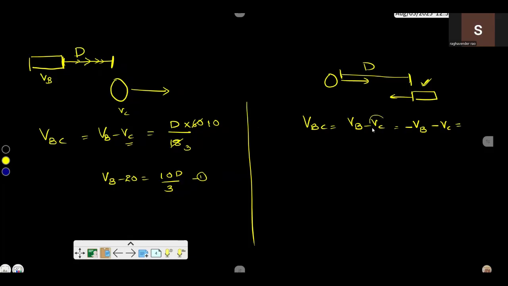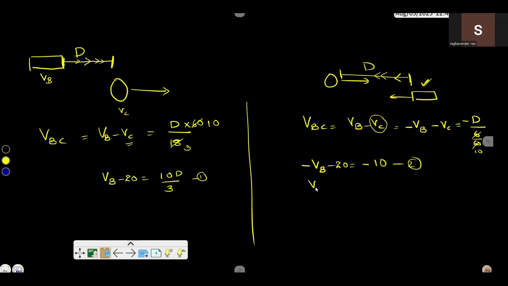The observer is the cyclist, and the relative distance the bus travels is in the negative direction, so minus distance by time taken, which is 6 by 60, that is minus 10D. Now we have got the second equation also.